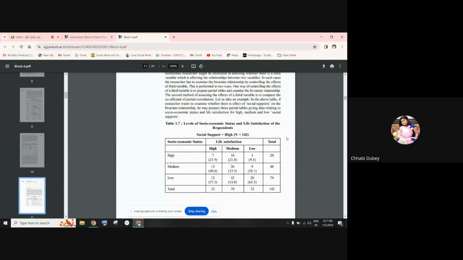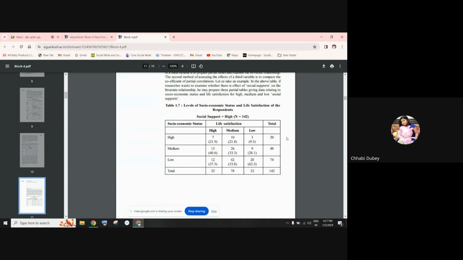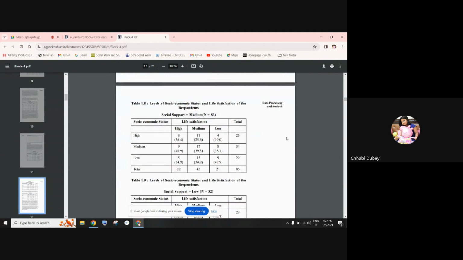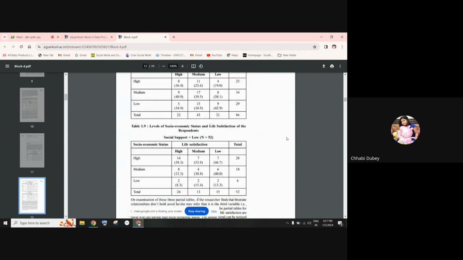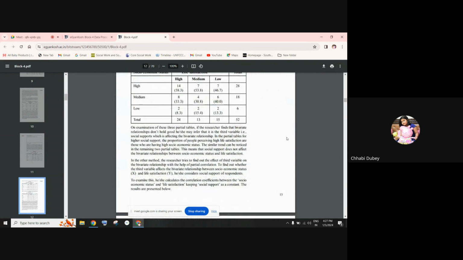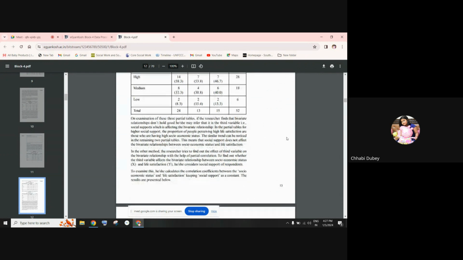Here they have examined the trivariate relationship. These are the ways in which you can easily find out the effect of the third variable on the given two variables.